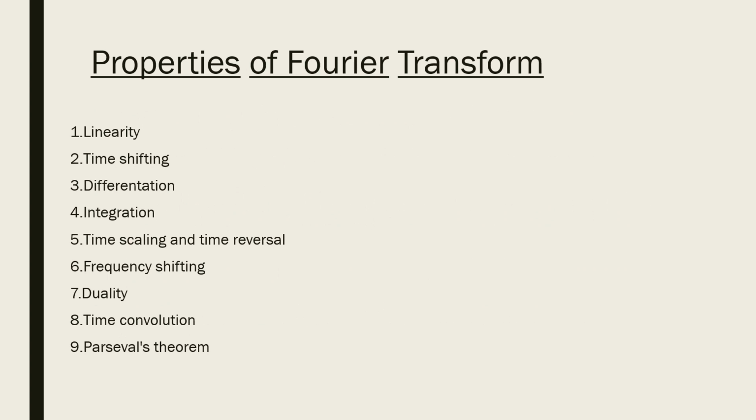These are the list of the Fourier transform properties: linearity, time shifting, differentiation, integration, time scaling and time reversal, frequency shifting, duality, time convolution, Parseval theorems. Now, let us move to the first property.